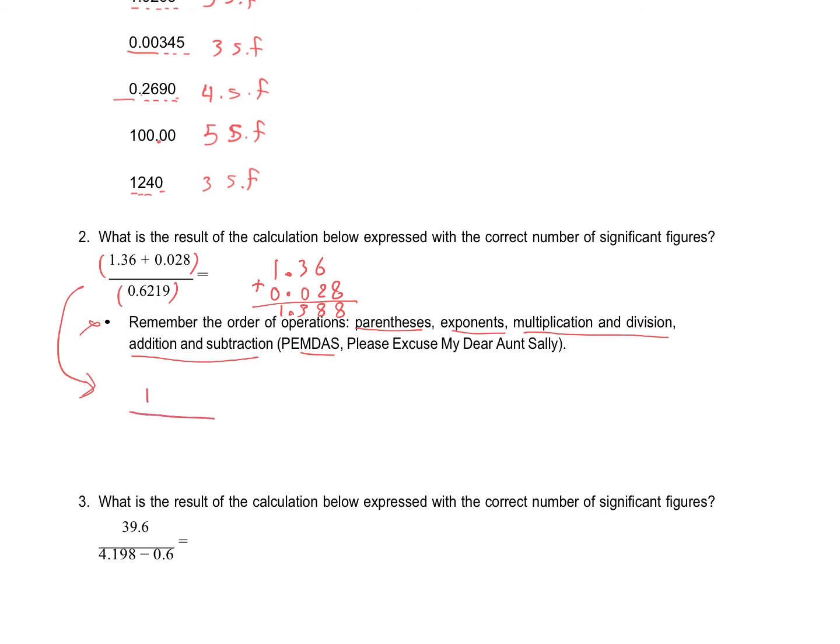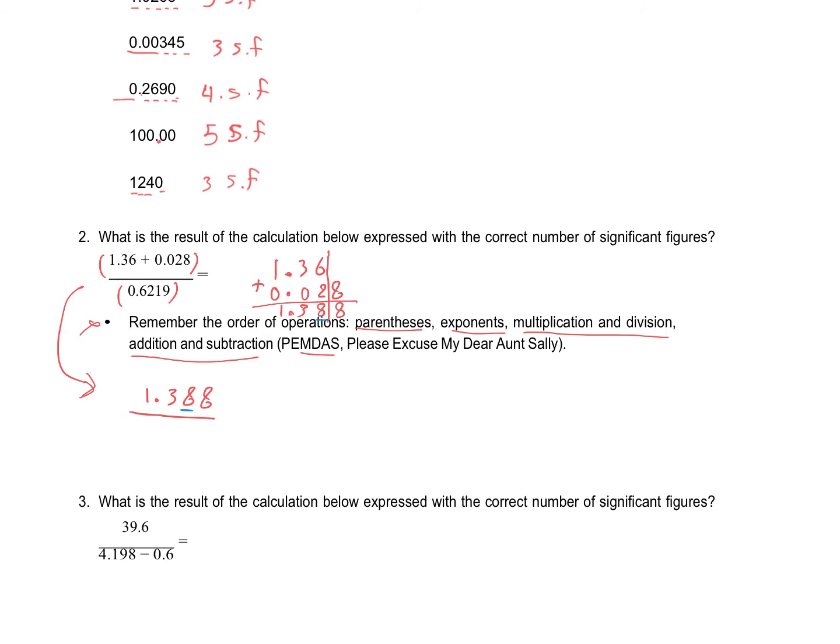So on top we have 1.388. How many significant figures do we have? So we have to cut it from here. I do this in blue. So this is the last significant figure. So I underline the last significant figure. So I know that I have 3 sigfigs, but I write 4 digits.